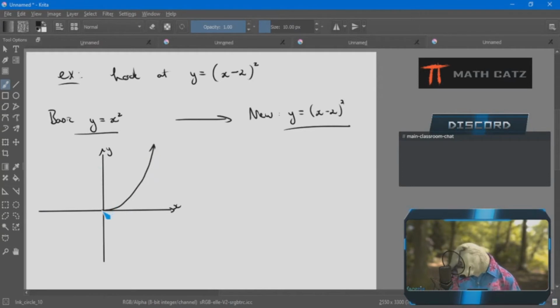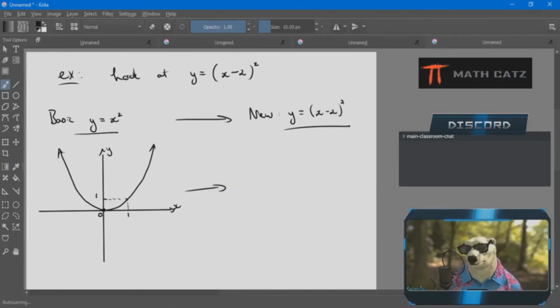That side is so easy to draw. This side, so much harder. That's good enough. I have my vertex here. Maybe I want to keep track of another point, maybe 1, 1. That should be good enough. Okay, so now I'm trying to understand, instead of me just telling you, I want to understand why the graph changes in the way that it does.